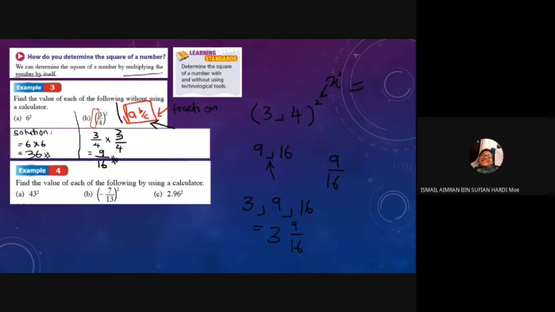Butang ni. Ismail, macam tu kau kena bracket dulu. Kau dah bracket. Dah bracket 3. Lepas tu nak tekan apa? Itu, that square.